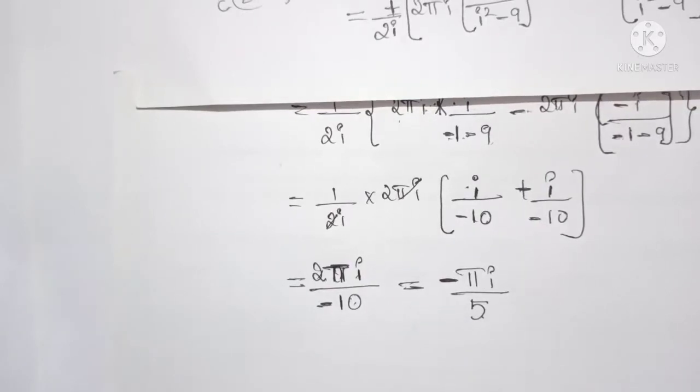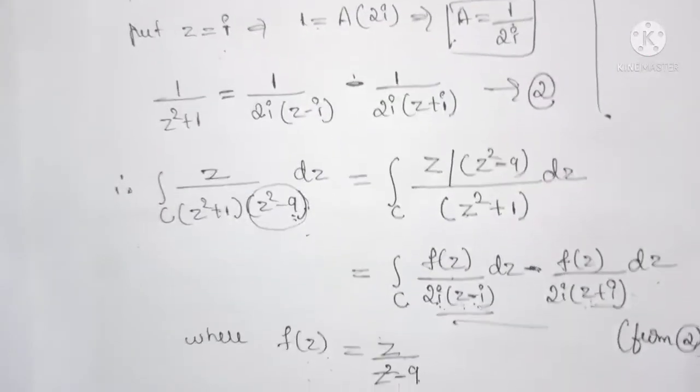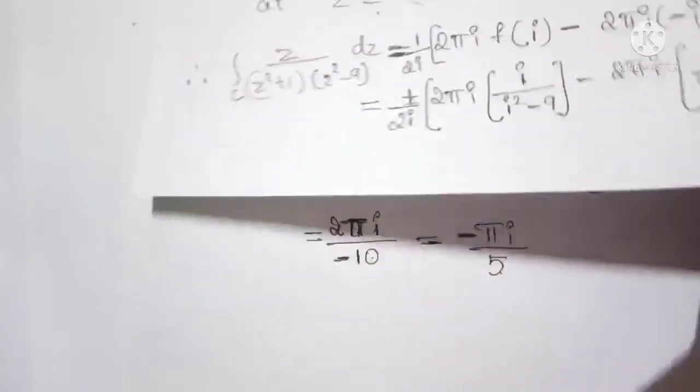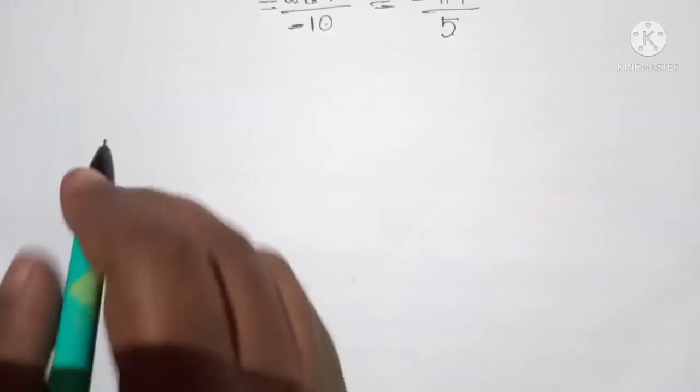Okay. So this is quite lengthy, but it is easy. But you should practice it one or two more times, so then it will be easy for you. Next problem.